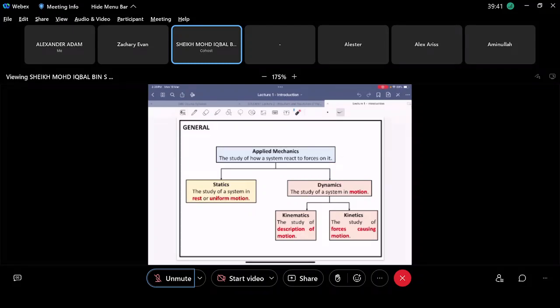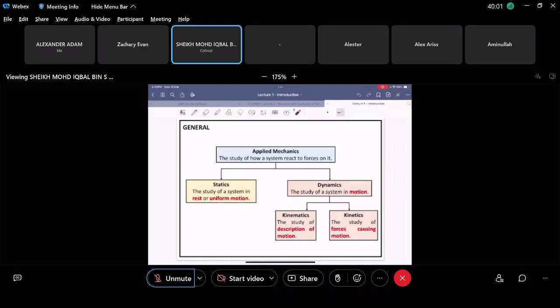Then we have the second one, which is dynamics. Dynamics is the study of a system in motion. Any system or any object that is moving back and forth, we consider that as the study of dynamics. Dynamics can further be subdivided into two, which are kinematics and kinetics.